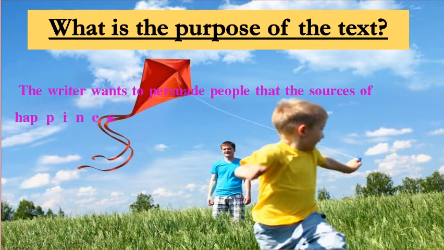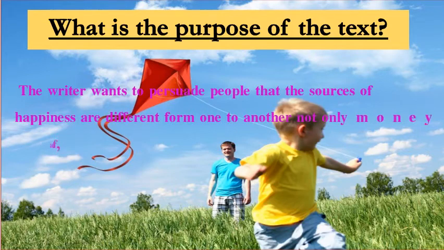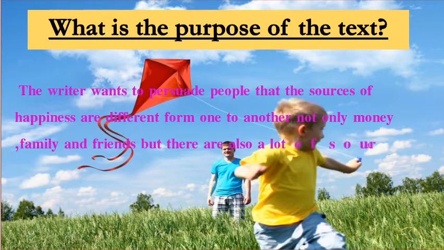The writer wants to persuade people that the sources of happiness are different from one to another. Not only money, family, and friends, but there are also a lot of sources that make you happy all the time.